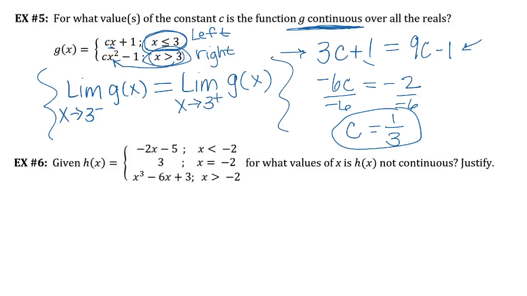For what values of x is h of x not continuous? Well, all right, so that means we've got to go through this definition. Well, let's see. So, let's talk about being continuous. So, the first part, we want to know, and we're really discussing -2. So, does h at -2 exist? Well, h at -2 is going to be 3.